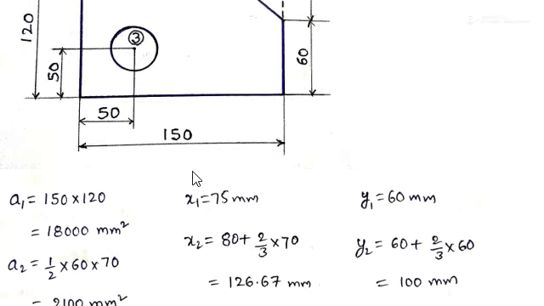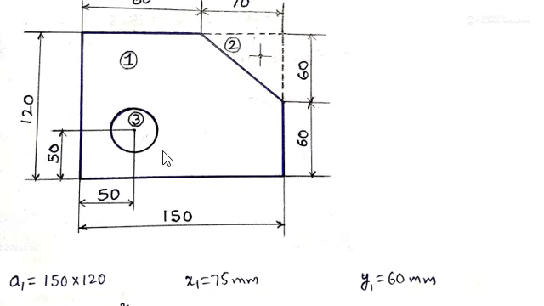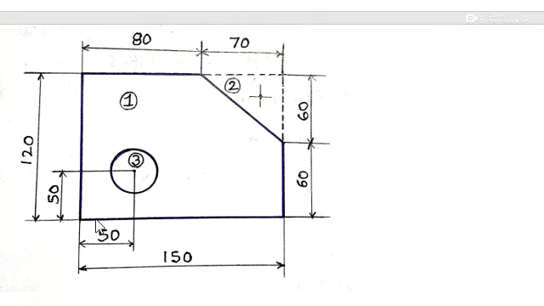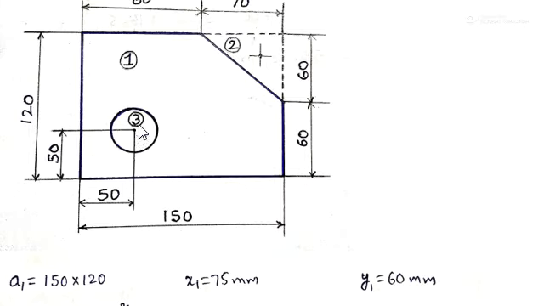First of all, we have taken the total rectangle, that is the 150 by 120 rectangle, as area 1. For that, x1 is nothing but the centroid location of this total rectangle from the left side edge, along the x direction. It is 150, so the center will be 75 mm from the left side edge.